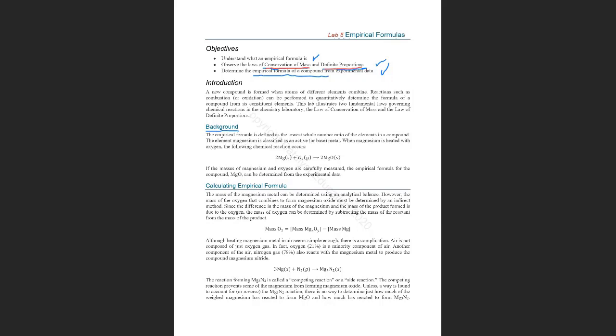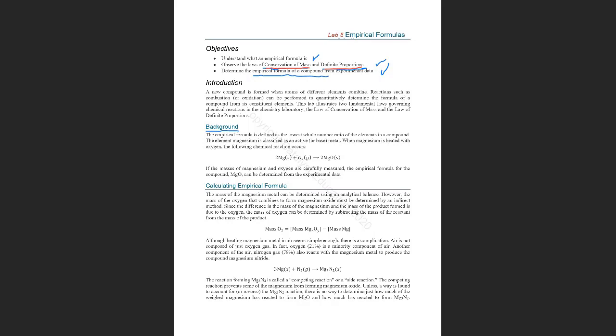I would like to make sure that you know what the law of conservation of mass is, because in this experiment you are going to verify that it is true. What is the law of conservation of mass saying?